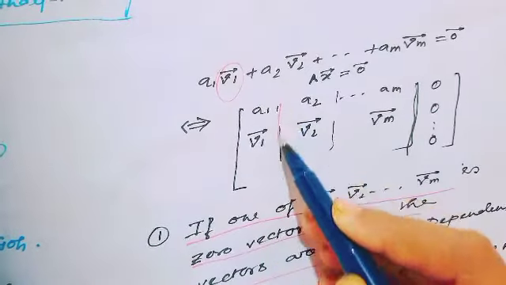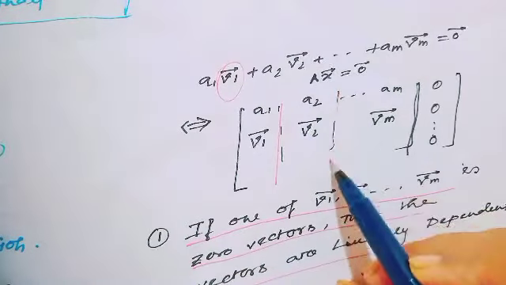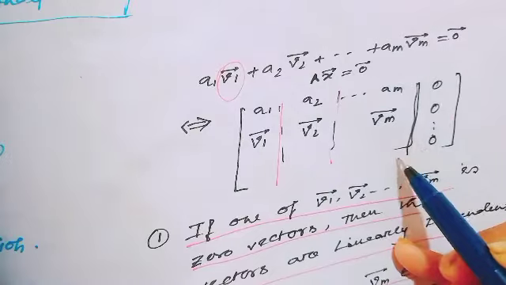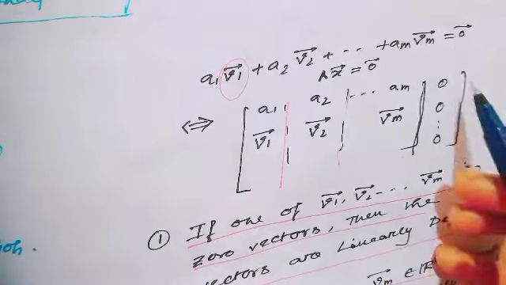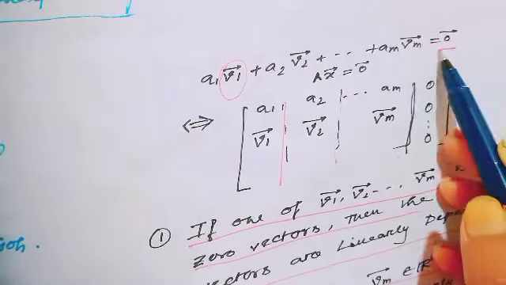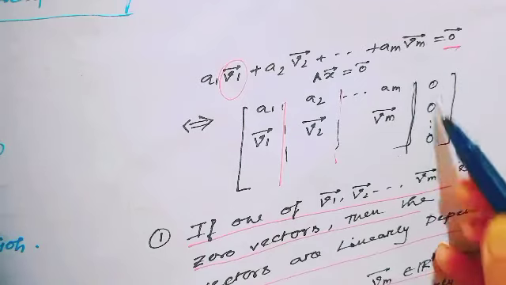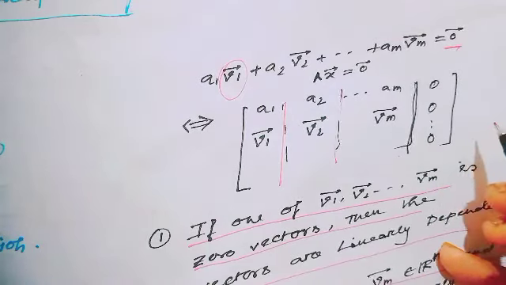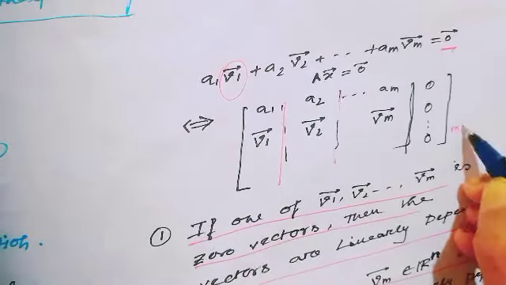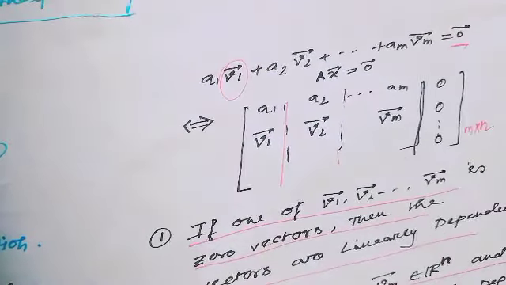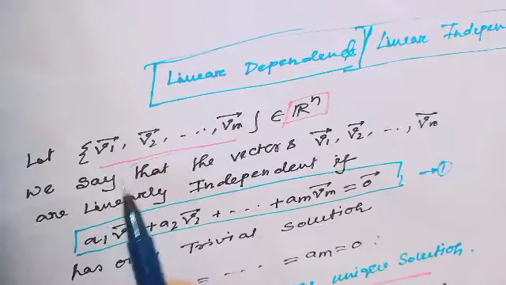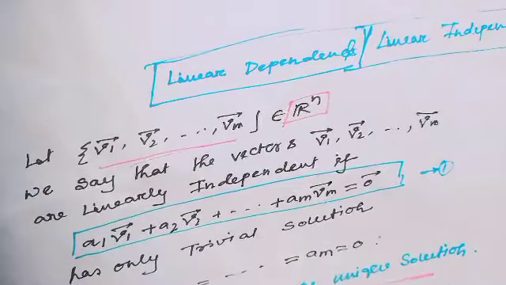Here v1 is the first column vector, v2 is the second column vector, and vm is the mth column vector. Since this is equal to the 0 vector, the right side is 0, and the matrix is n cross m, because I have considered v1, v2, up to vm belonging to Rn.